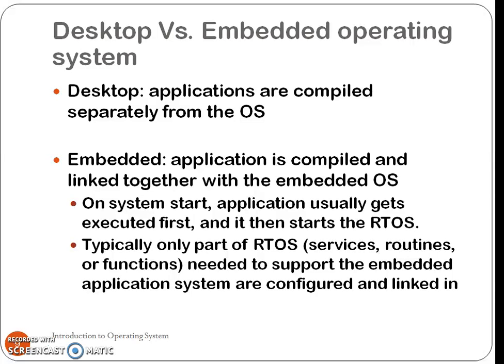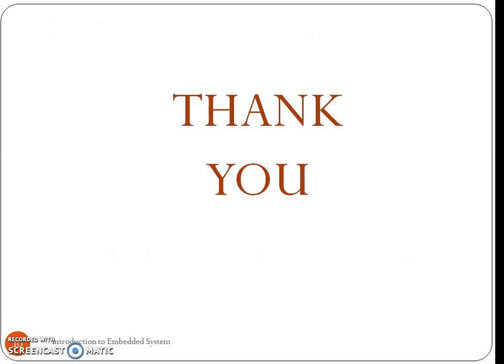And secondly, typically only part of the RTOS, like the different sections in the RTOS, that is, the services, routines and functions which are needed to support the embedded application system, are configured and linked in the embedded operating system. So this is all about the introduction of operating system, and thank you all for your patient listening.